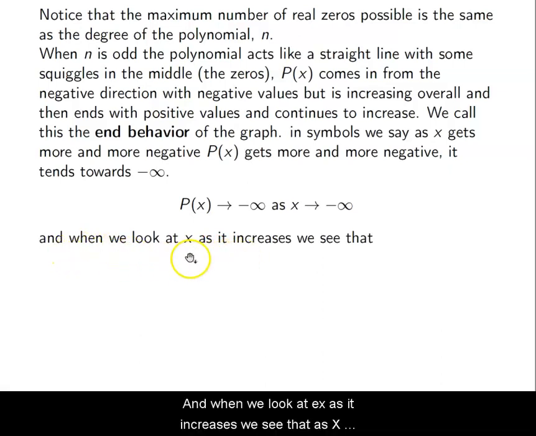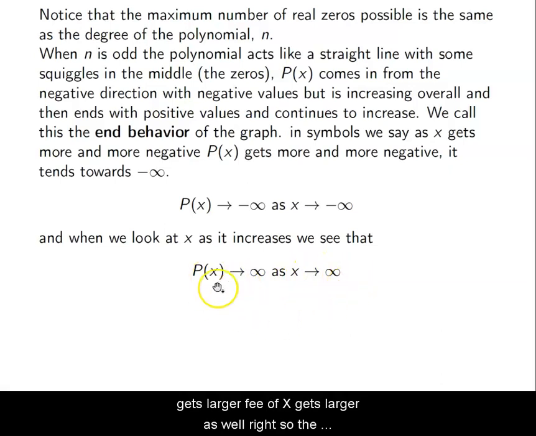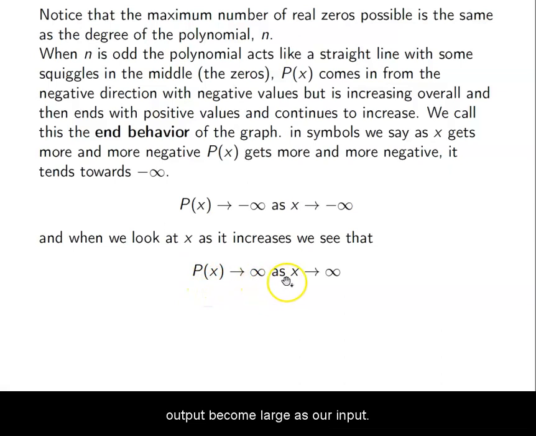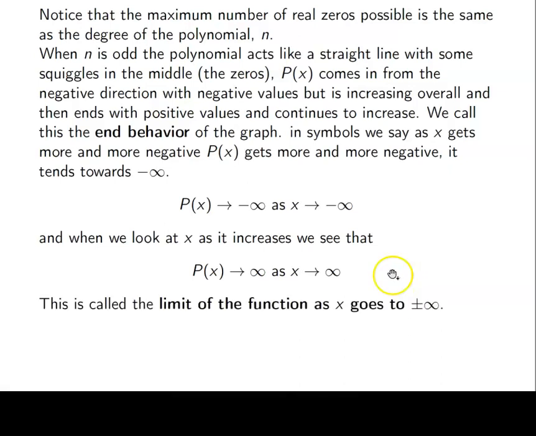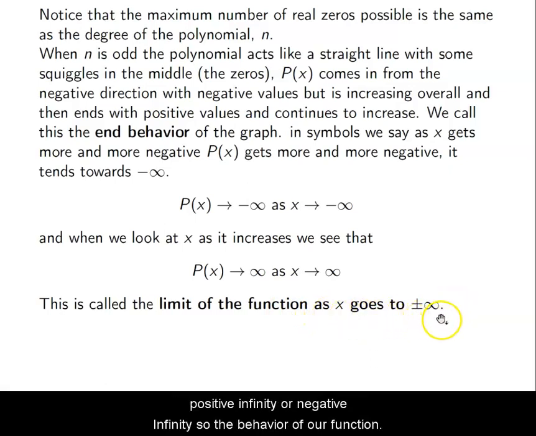And when we look at x as it increases, we see that as x gets larger, P of x gets larger as well, right? So the outputs become large as our inputs move further and further along in the positive direction. We call this the limit of the function as x goes to either positive infinity or negative infinity.